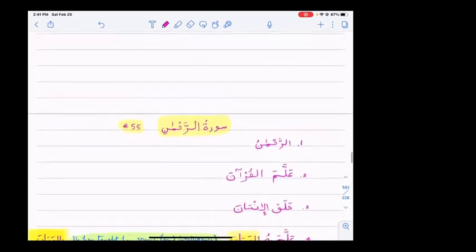Suratul Rahman. You should love it. Most of you know it. Ar-Rahman, the first ayah. Ar-Rahmanu, but we say Al-Rahman. What kind of value can we put here?